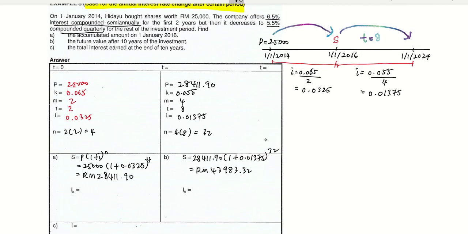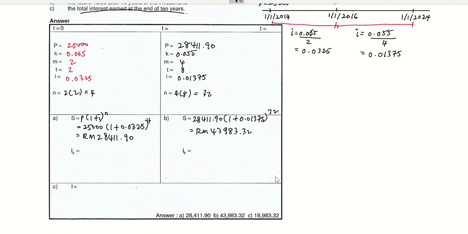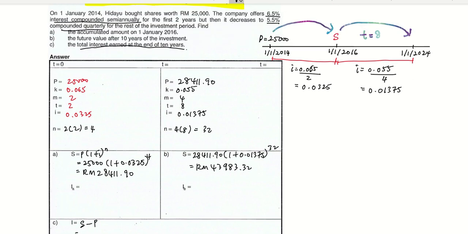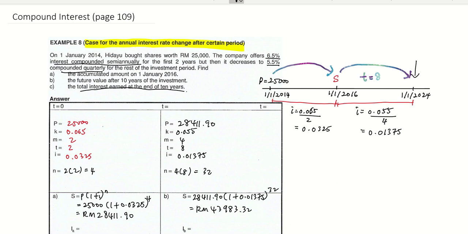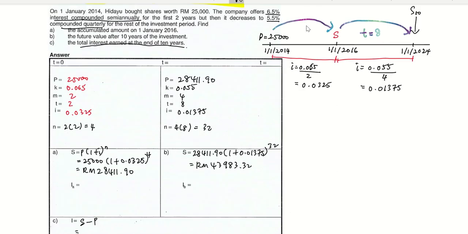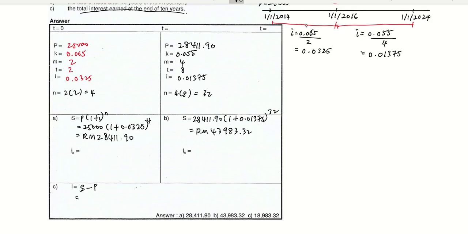For question C, we are to find the total interest at the end of 10 years. You can use the formula I equal to S minus P, where S we take from the amount at the end of 10 years, from question B: 43,983.32 minus the original principal, which is 25,000.